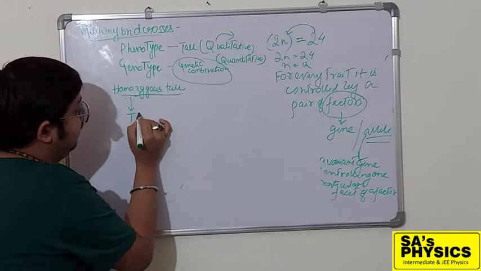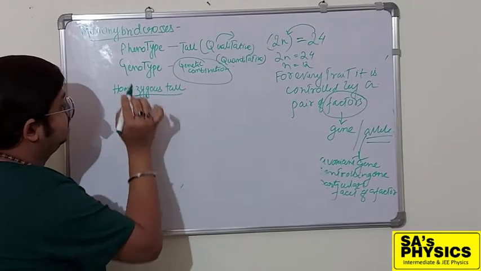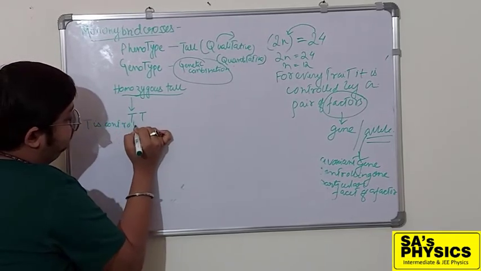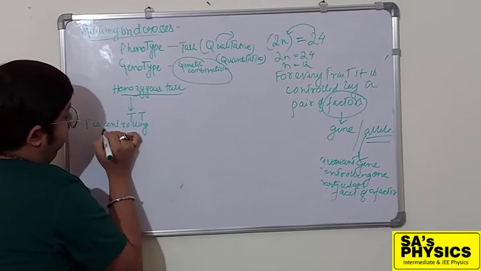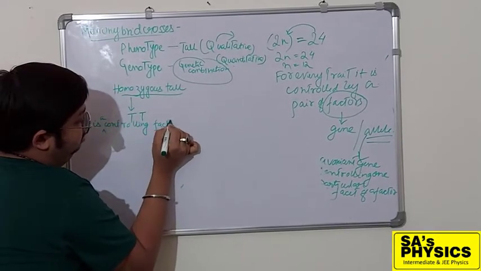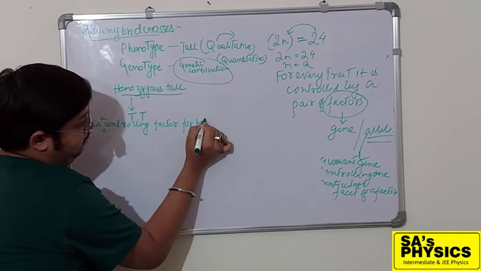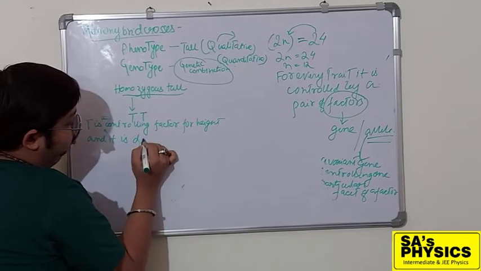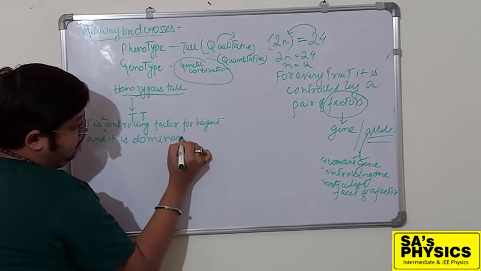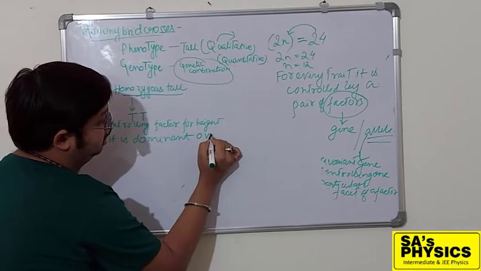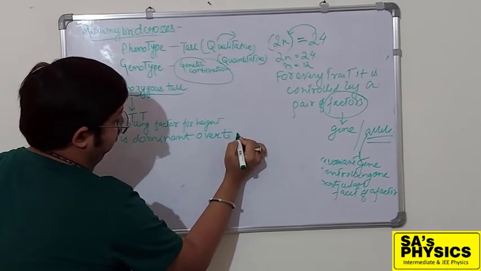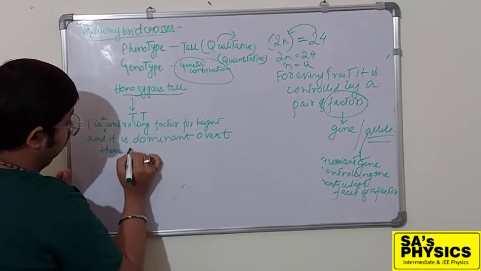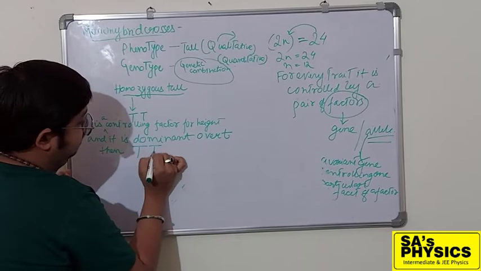Homozygous means capital T, capital T. That means, suppose if T is a controlling factor for height and it is dominant over small t, then homozygous tall means capital T, capital T.